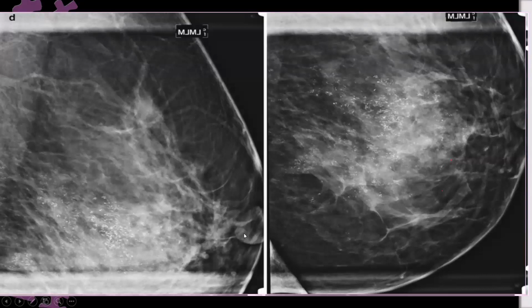Now in MLO, this is the nipple. Central to the lower. Yes. So medial and lateral, the lower half of the breast, almost the whole lower half of the breast is involved. And here I can see some asymmetries and the distortion now and a lot of issues.